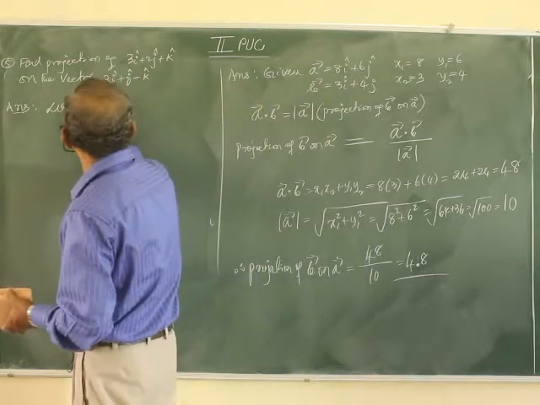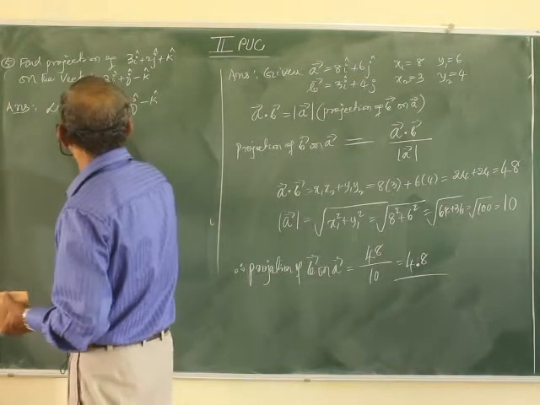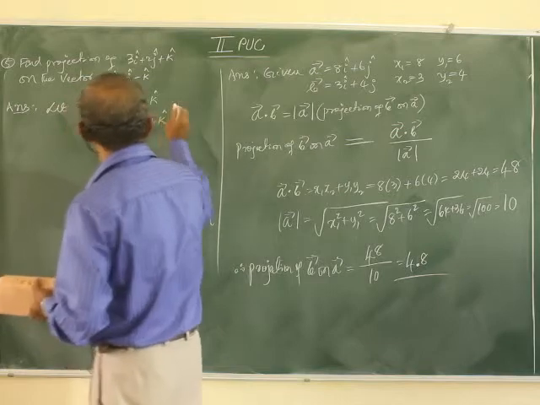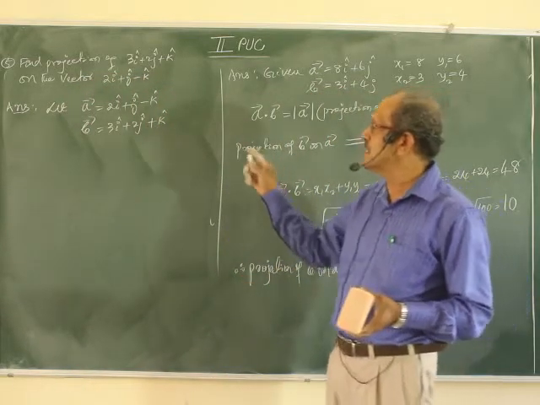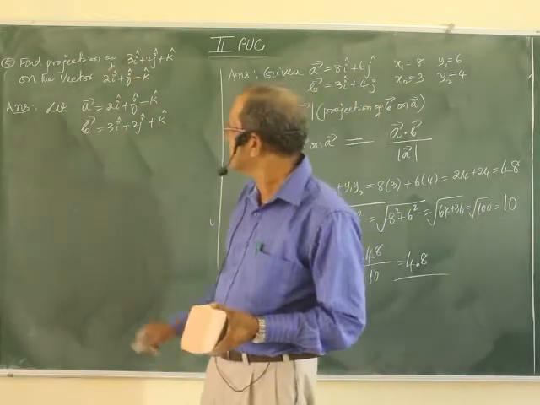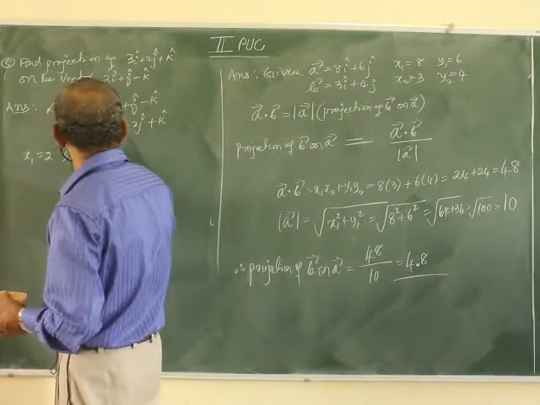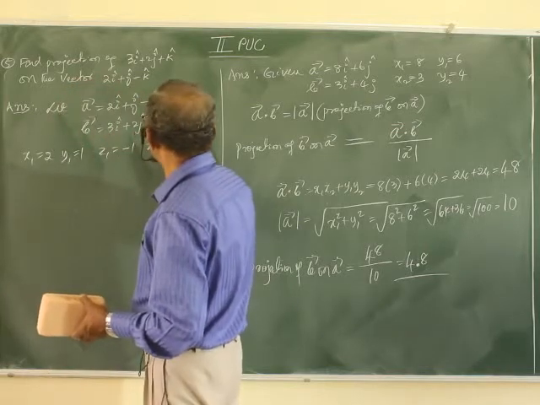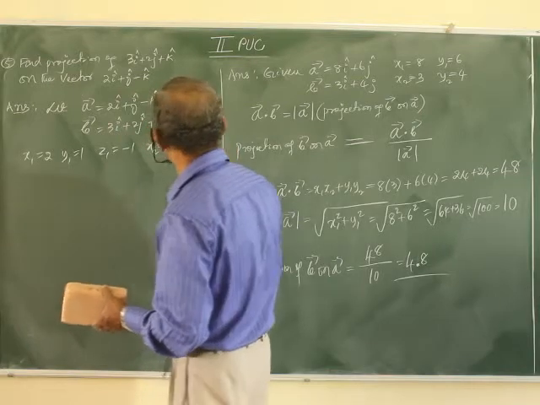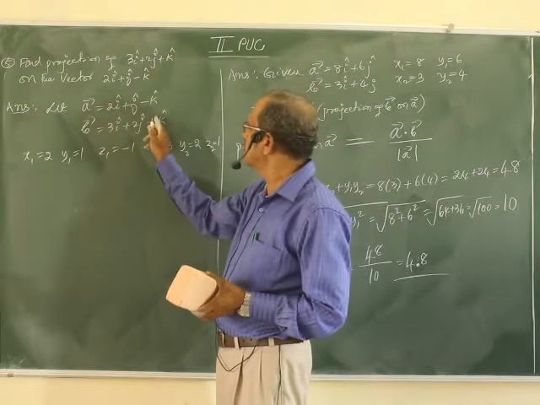So, let A equal to 2i plus j minus k, B equal to 3i plus 2j plus k, because the question is to find the projection of this vector B on A. x1 is 2, y1 is 1, z1 is minus 1, x2 is 3, y2 is 2, z2 is 1.